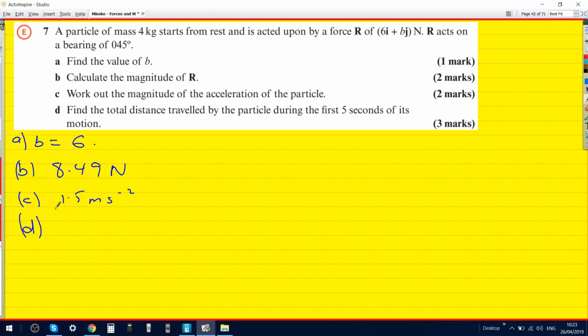So you'd use, so that's from rest. So S equals ut plus half at squared.